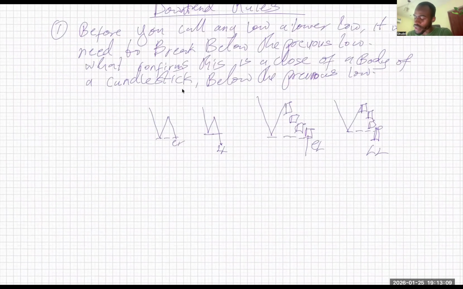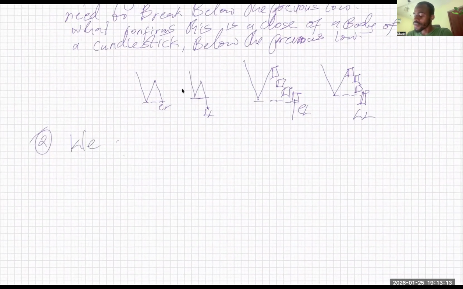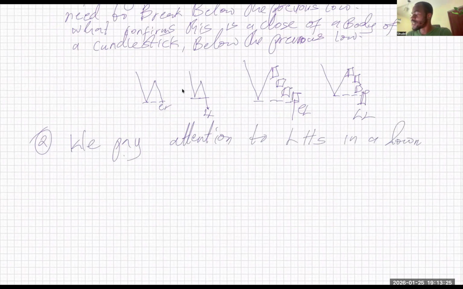The second rule of a downtrend is that we pay attention to lower highs in a downtrend. Now, what do I mean by we pay attention to lower highs in a downtrend?